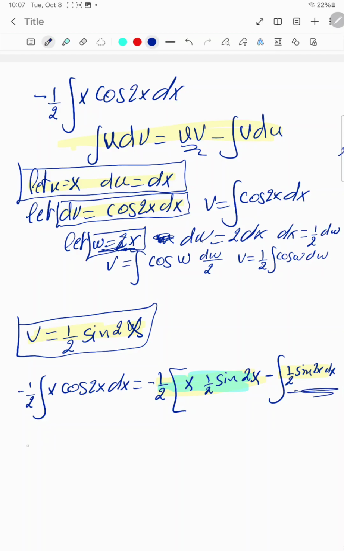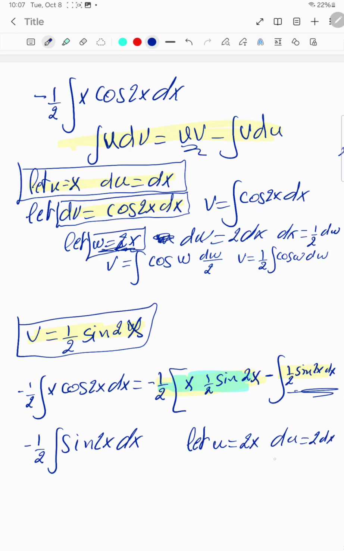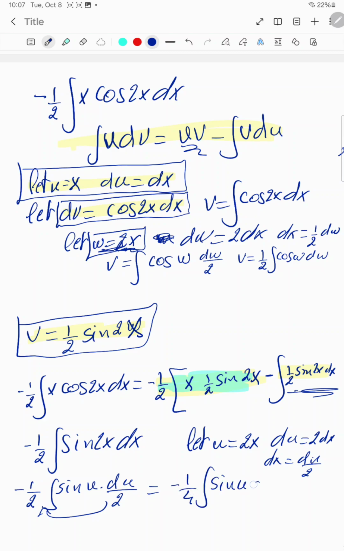The 1/2 goes outside the integral, so minus 1/2 sine of 2x dx. Again, here I let u equal 2x. My du is equal to 2 dx, so my dx is equal to du divided by 2. So it becomes minus 1/2 integral of sine u multiplied by du divided by 2. The divided by 2 goes outside, so it is equal to minus 1/4 integral of sine u du.